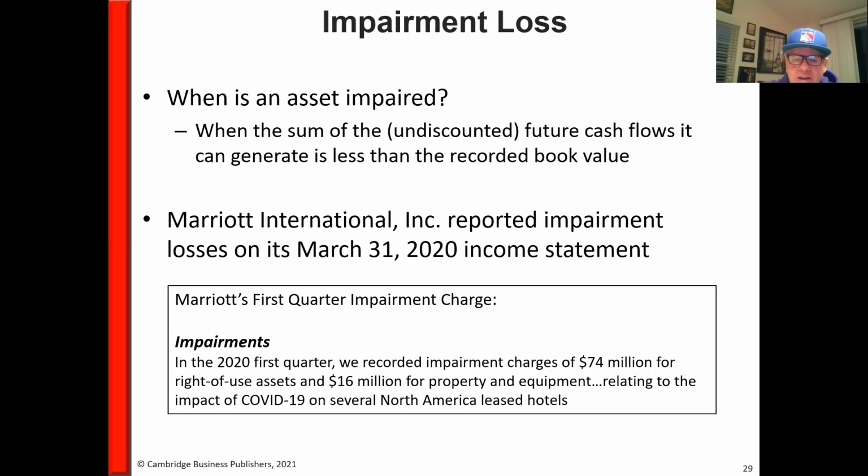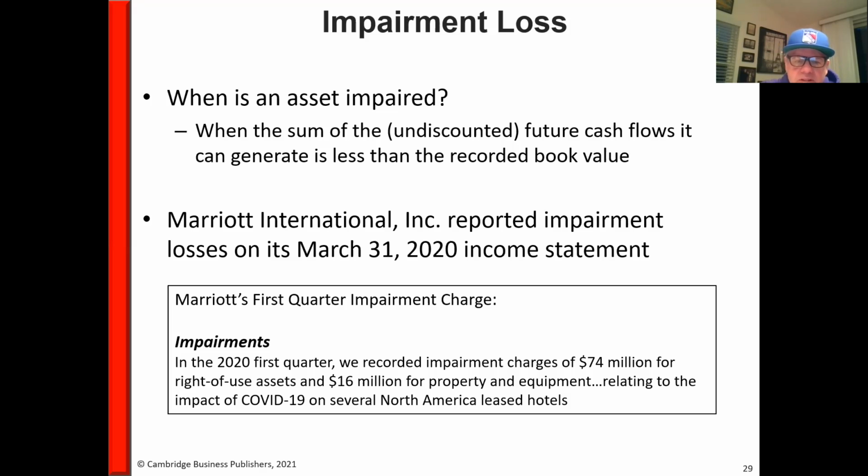So Marriott did a calculation, and as a result of the COVID restrictions, the cash that the right of use assets, probably leased assets, could generate was $74 million less than the amount carried on the books.